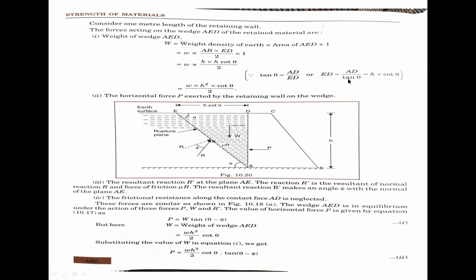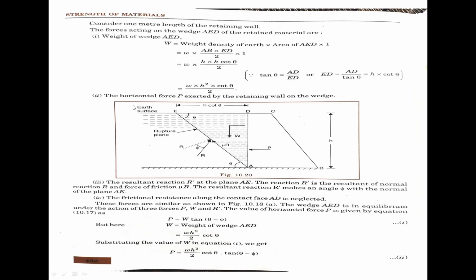Now you know the ED value is h cot theta, and AD is small h. Substituting finally, W into h into h cot theta by 2, so W into h square cot theta by 2. That is the equation, the weight of the wedge AED.